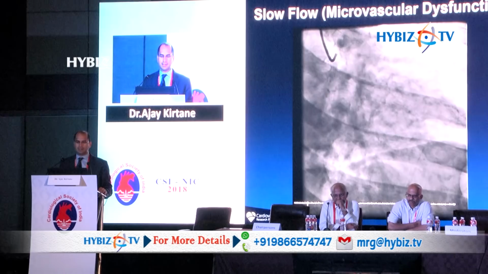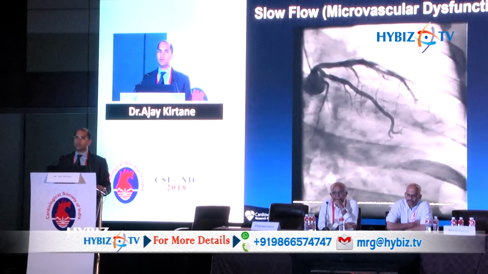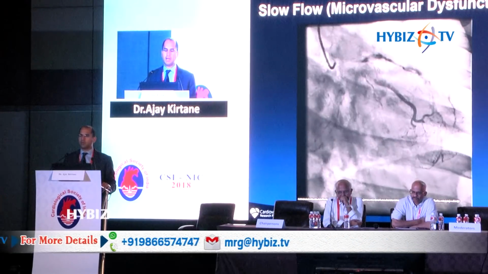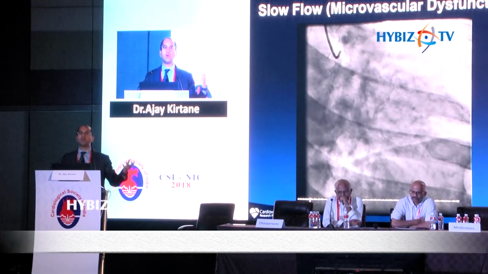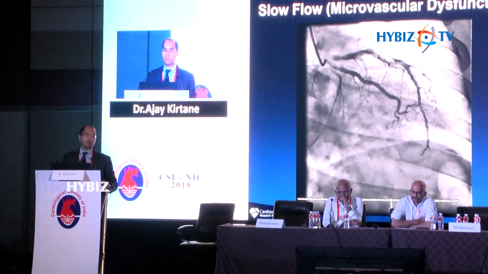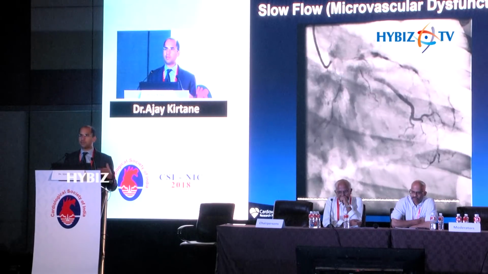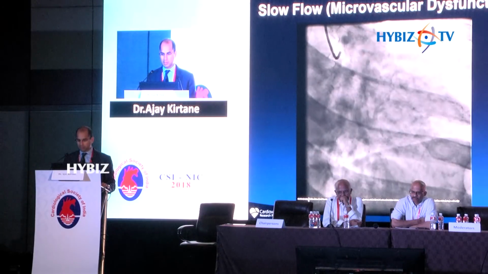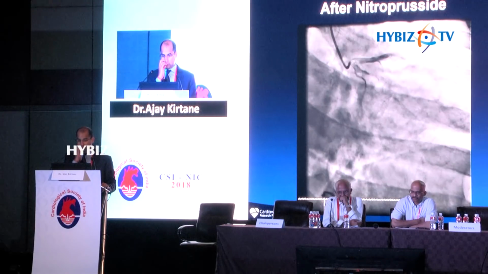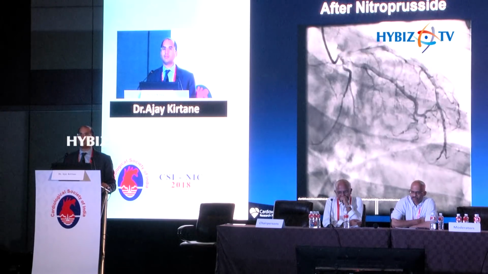Well, the reality is if you look at the picture again, sure, there's no clear epicardial stenosis that needs PCI or that ought to be treated, but there's globally slow flow, which is consistent with microvascular dysfunction. We know we didn't do any air embolization or anything like that, so this is something that could potentially be treated medically. And so in this particular case, we gave nitroprusside and the flow normalizes.